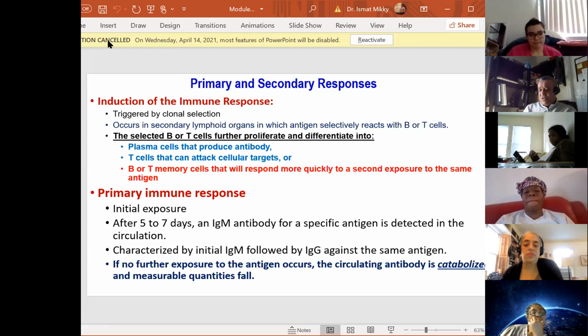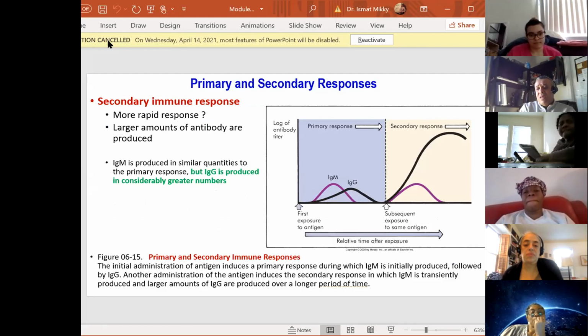In the primary immune response, we will have IgM and IgG. But in the secondary exposure, next time when we have the same immunogen, the IgG will be extremely high.